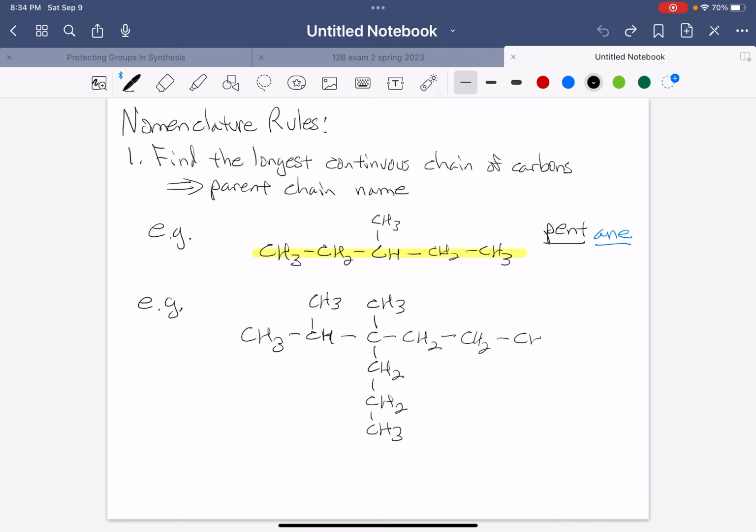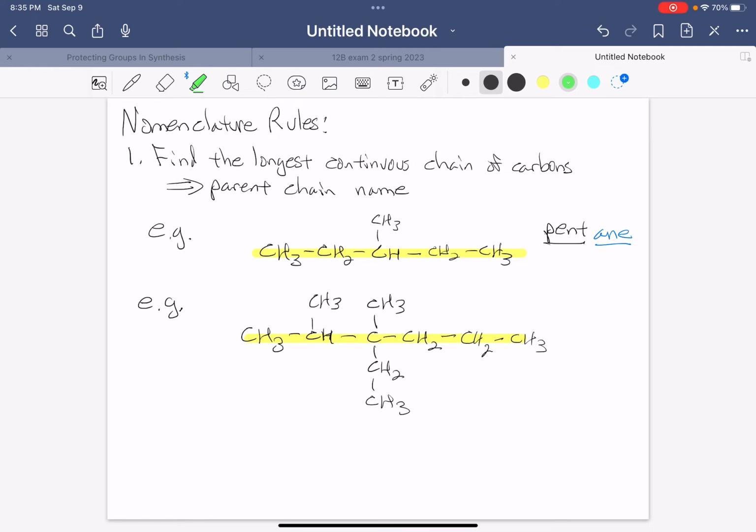Okay, there we go. So we could have 1, 2, 3, 4, 5, 6.